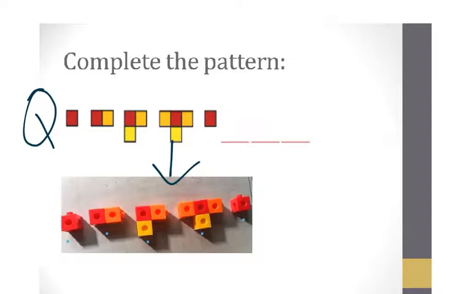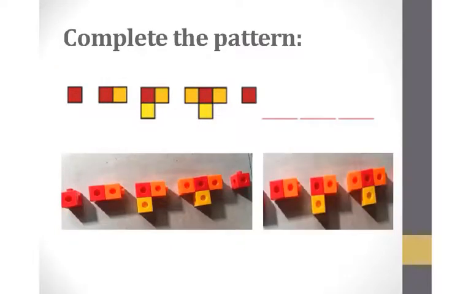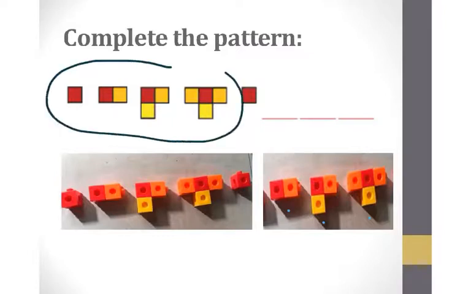So let's do it again. 1 cube, 2 cubes, 3 cubes, 4 cubes. 1 cube, 2 cubes, 3 cubes, 4 cubes. And it's important here that you continue the core pattern. So if you have a look, there's 4 terms or 4 items in this pattern.